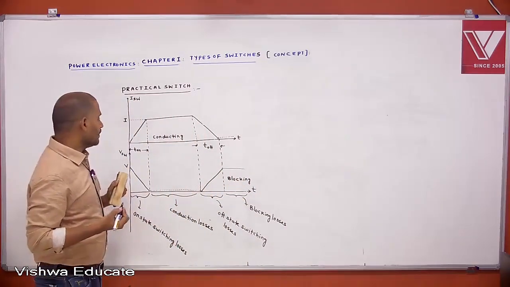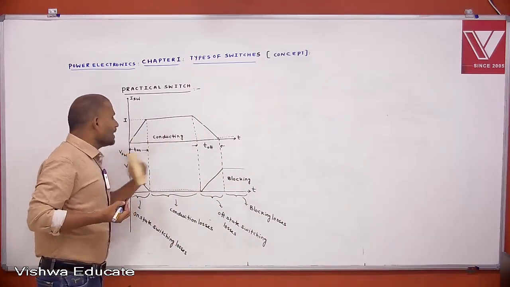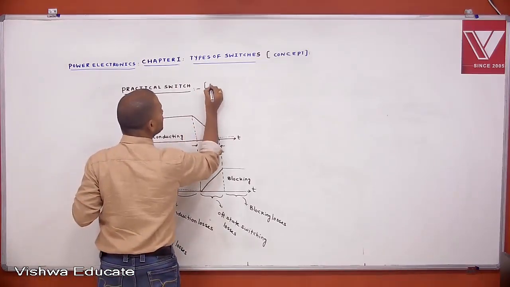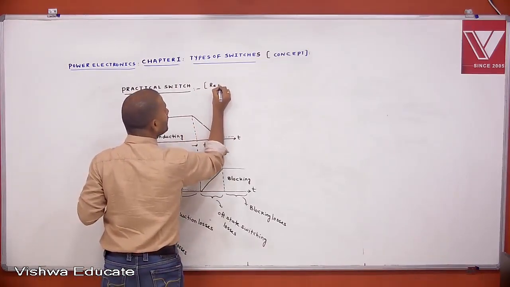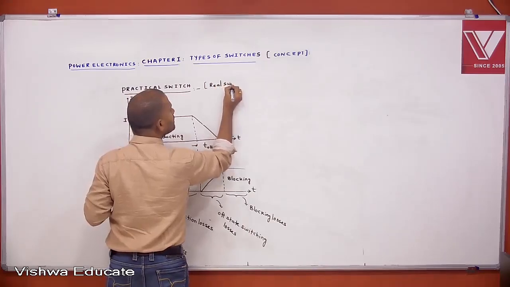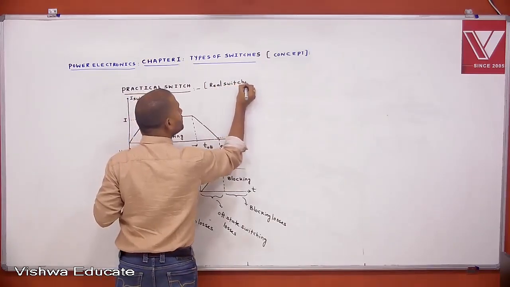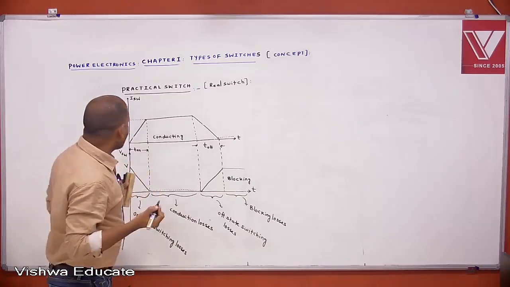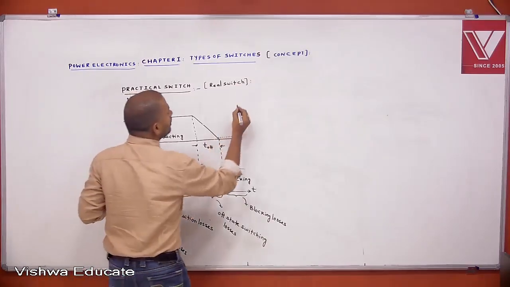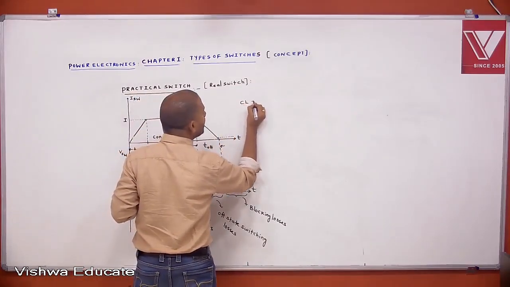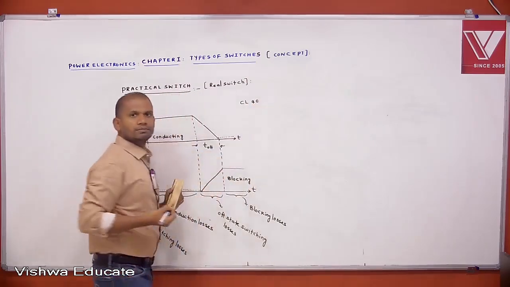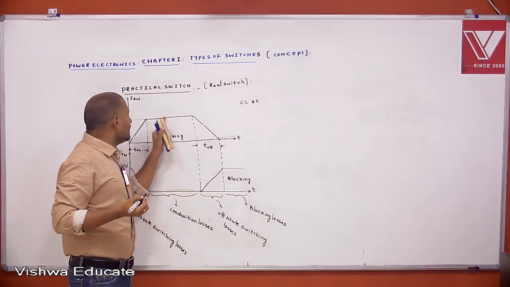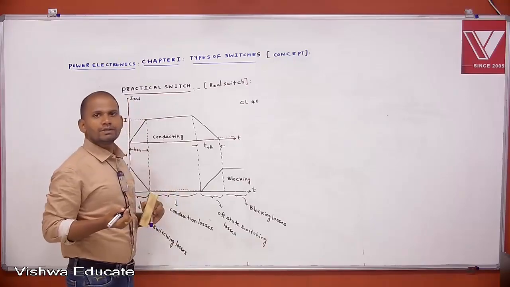Therefore, a practical switch is also called a real switch. In a practical switch, conduction losses are not equal to 0 because during the conduction state, both current and voltage exist.